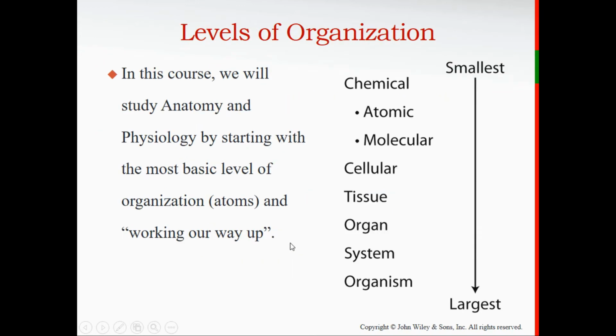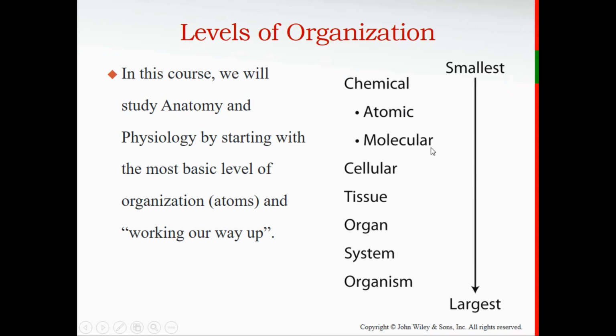So speaking of the levels of organization, here we go. And hopefully this will be a review from your biology course, but we're going to cover it just real quick anyway. So if we go from the smallest or the least complex to the largest or most complex, you start up here in the chemical level, which is either considered the atomic or the molecular state.